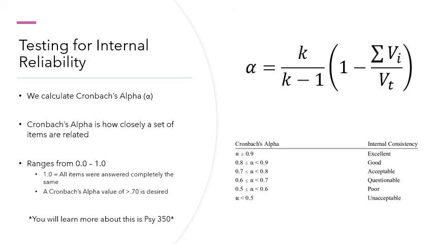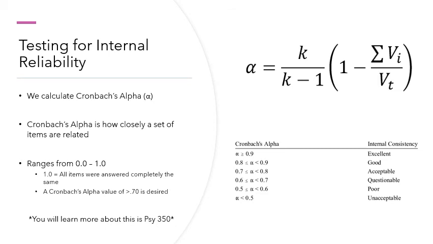And again, when you do this calculation, it ranges from 0 to 1, with 1 indicating all items were answered completely the same, meaning that on a scale of depression, everyone marked the same exact score for the same exact amount of depression.